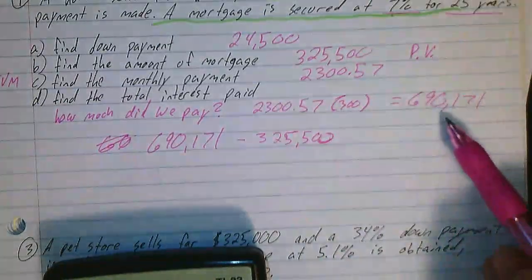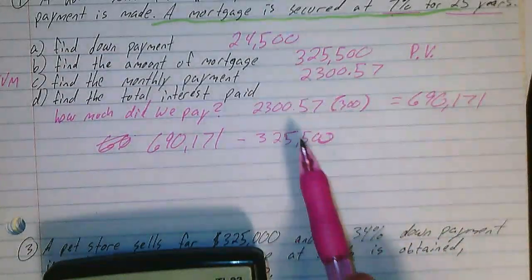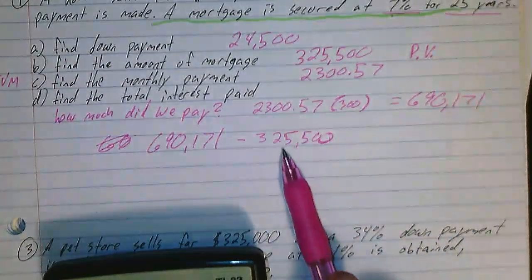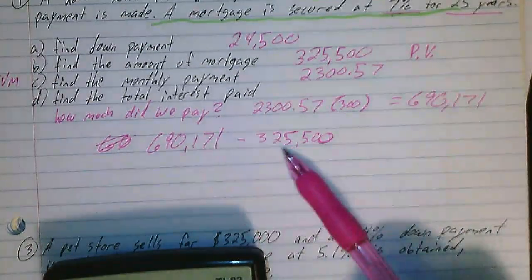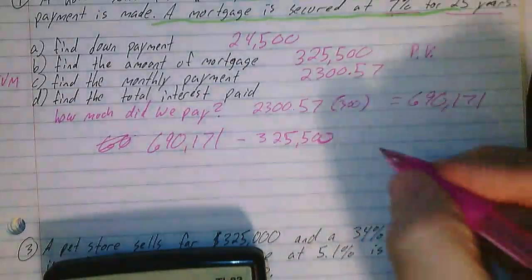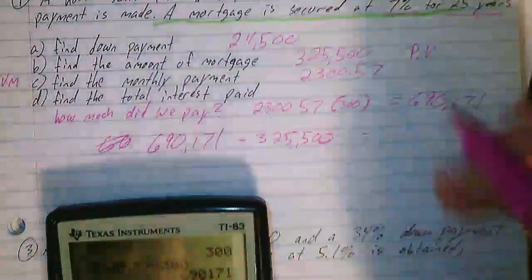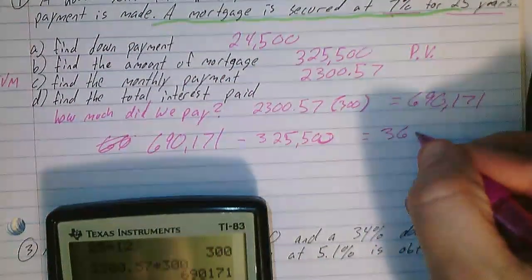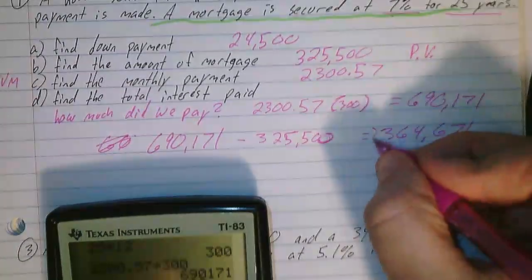To find out how much of that was interest, you subtract the principal value. How much was the loan? How much did we pay minus how much was the loan? And that's what we got: $364,671.